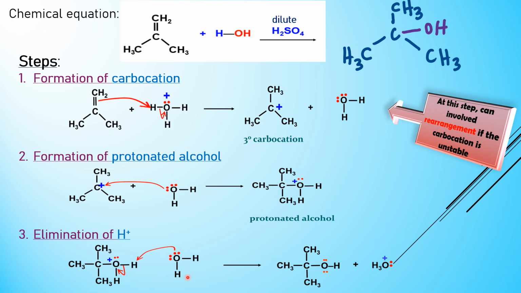It will react with H2O once again. Like before in topic 5.1, when we did the mechanism for halogenation using Br2 in UV, one drop of Br2 solution does not mean a single molecule of Br2; there are many molecules of Br2. Same concept with water: there is not just one water molecule, there are many. So this next water molecule, maybe a different one, will attack one of the hydrogens from the protonated alcohol.